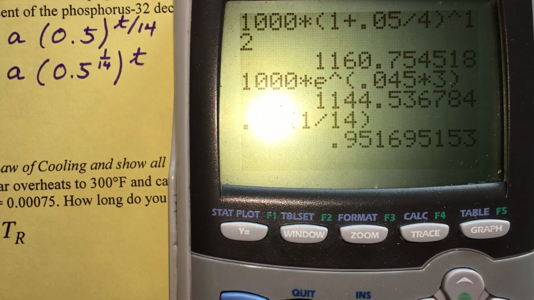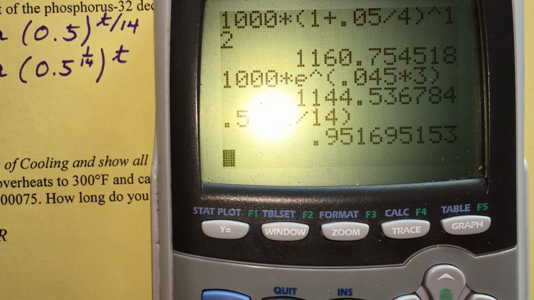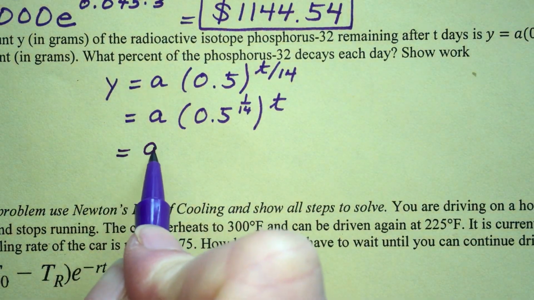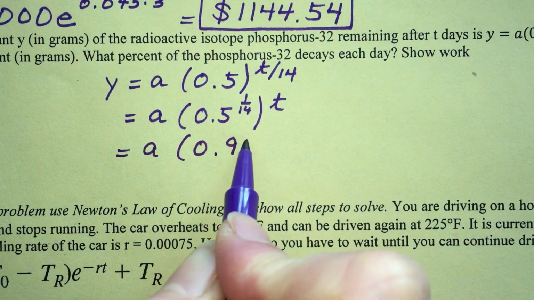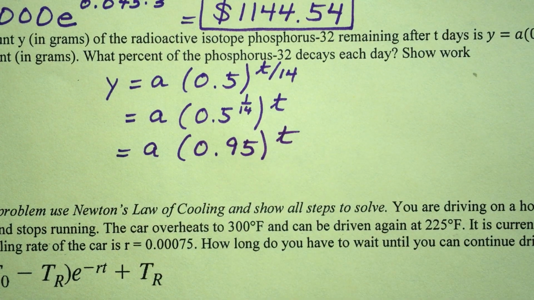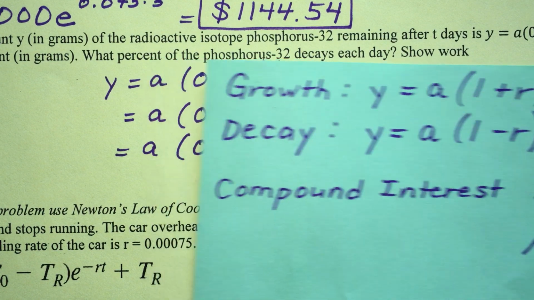It's the 14th root, and it's 0.951695, so 0.95 would be fine if you write that down. That's totally fine. And then again, we want it to look like 1 minus r.